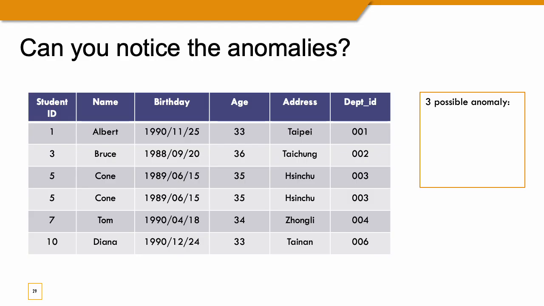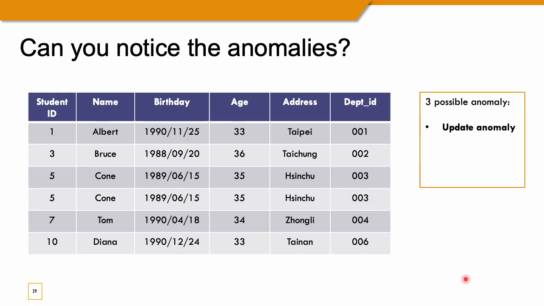So let's see the 3 possible anomalies. When we update some rows in the table and it leads to inconsistency in the table, then this anomaly will occur. This type of anomaly is known as update anomaly.